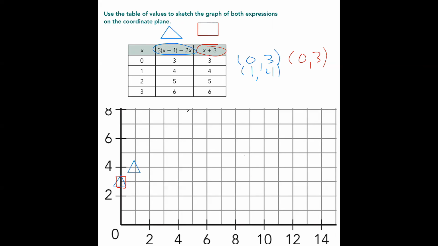And if we do the same thing for our red values, which we also notice are the same coordinate, 1, 4, we can do the same thing at point 1, 4. Now, if we were to continue going, we would see that if we drew a line through this, we would basically be drawing the same exact line. So both of the expressions would lie on the same exact line right on top of each other, which is also a way to show that they're equivalent.